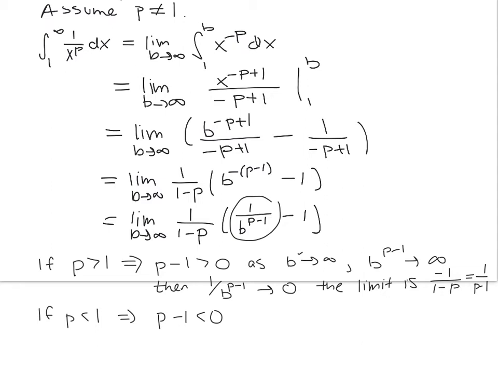So what that means is that 1 over b to the p minus 1 is the same thing as b to the 1 minus p. And that's going to go to infinity. So this will diverge.